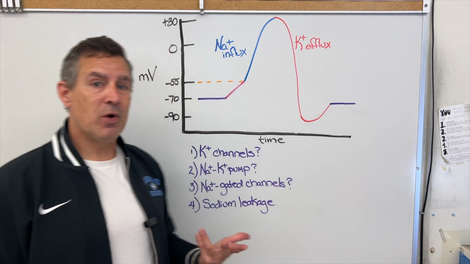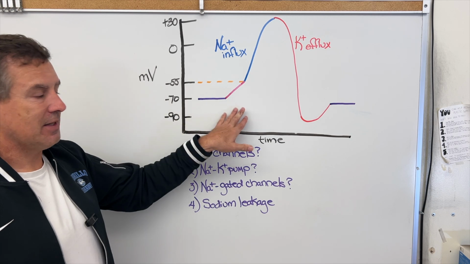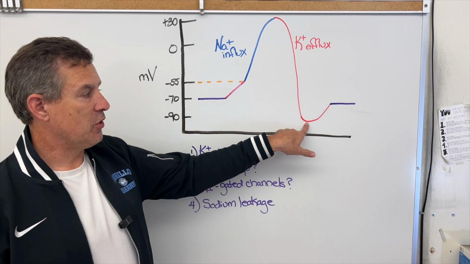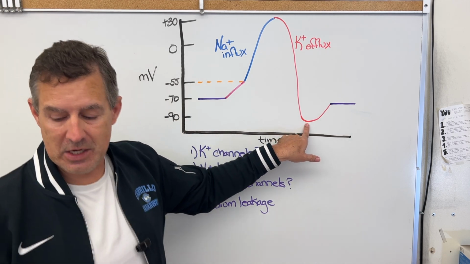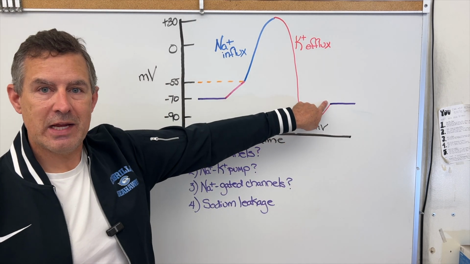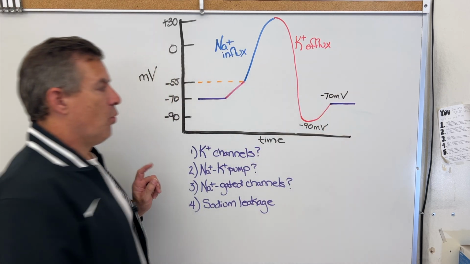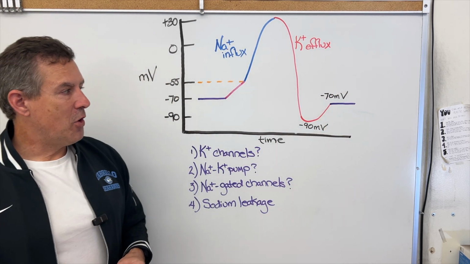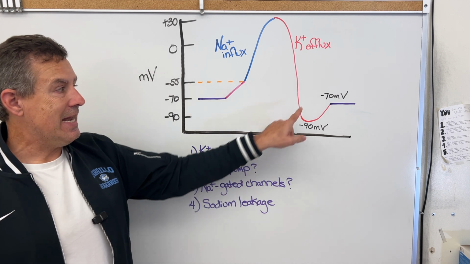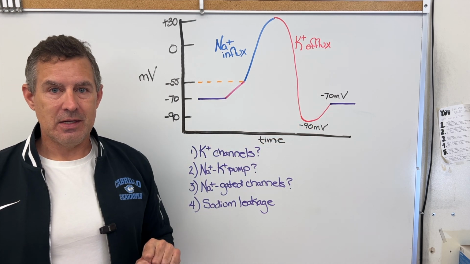Now, one thing I want to talk about is what allows this neuron, this electrical activity, to return from negative 90 that we see here to go back up to this point of negative 70 at the resting state. So one thing I do want to say, even though we're dealing with negative numbers, negative 70 is more positive than negative 90.